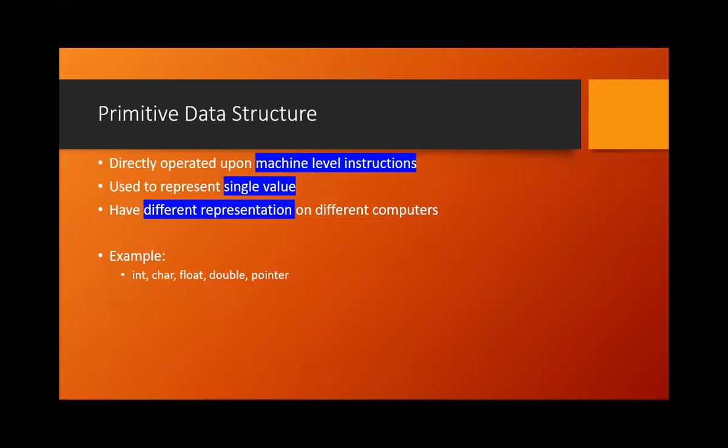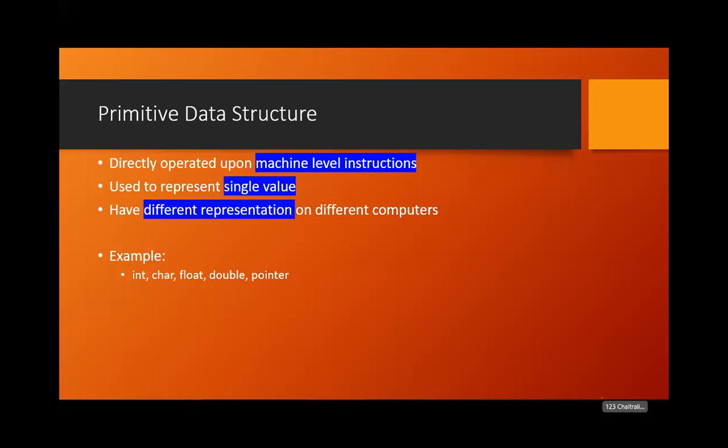For example, it could be that on a particular computer, the integer data structure may take, say, 2 bytes, but on the other computer, it may take 4 bytes. And even on a third computer, it may take 8 bytes also. So the representation will differ based upon what type of architecture it is.